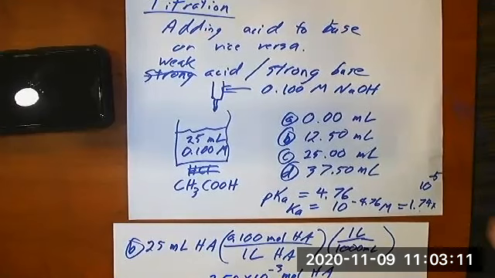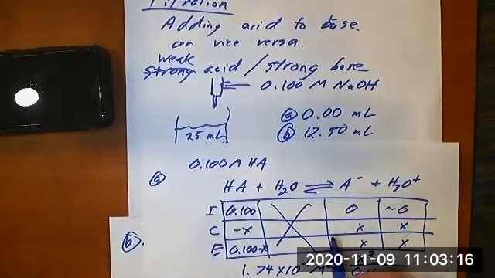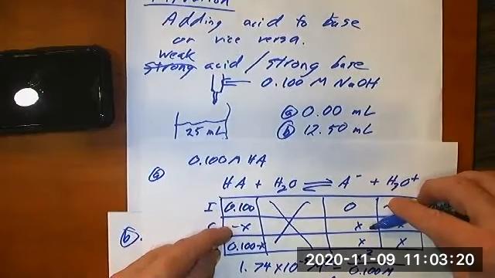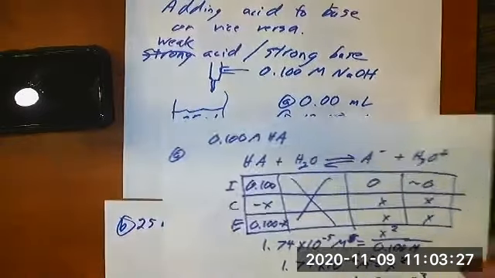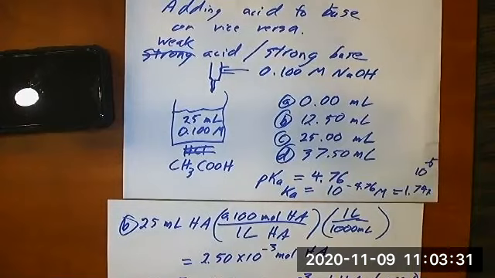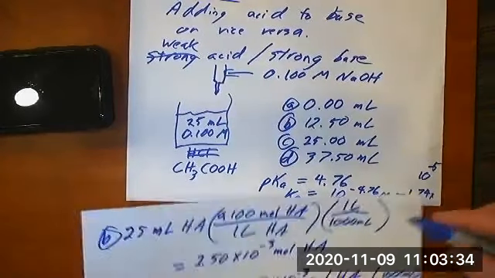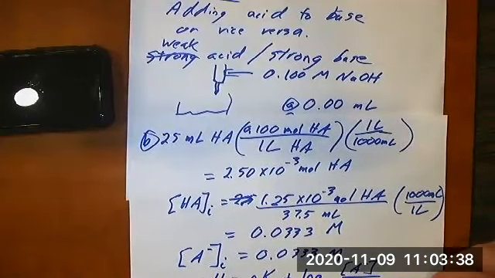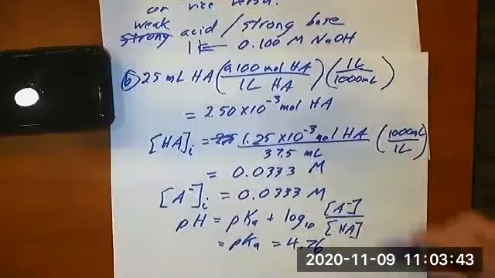So if we decided to do this in an ice table, it would give us equal amounts right here. We then plug in the x in order to see if it's small, and it ends up being small because we are in the buffer region. Okay, so this is how, while you're in the buffer region, you can calculate your pH using the Henderson-Hasselbalch equation, like this.